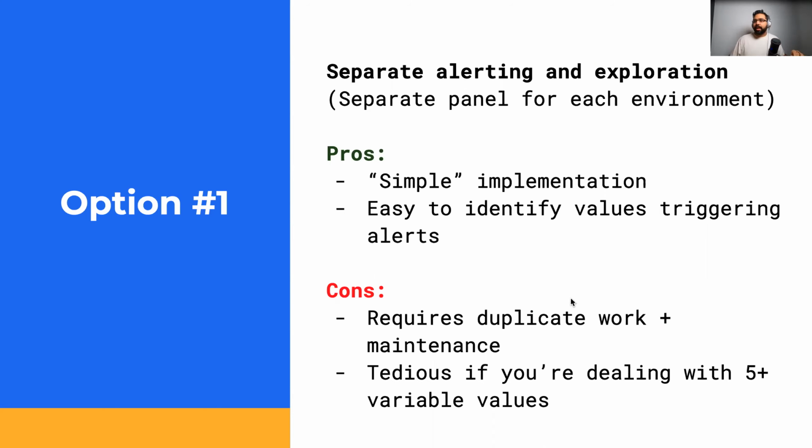The con here, probably the biggest con, is that it requires so much work. There's so much duplicate work that you have to do, as well as duplicate maintenance. So if you change something in your exploration dashboard, you've got to change it in your alerting dashboard as well. And secondly, it can just get really tedious.